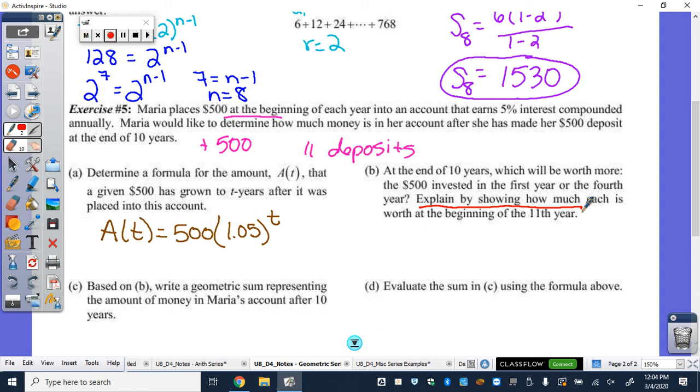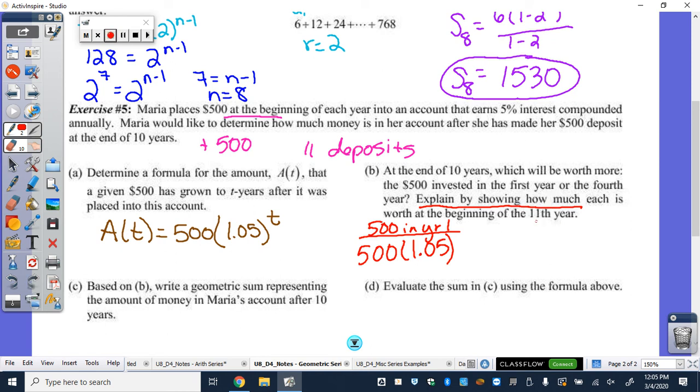So, 500 in year 1. So I deposit $500 in year 1, and at the end of each year, it's earning interest. So how many times does that earn interest? Because we're looking at the beginning of the 11th year. So did I earn interest yet?